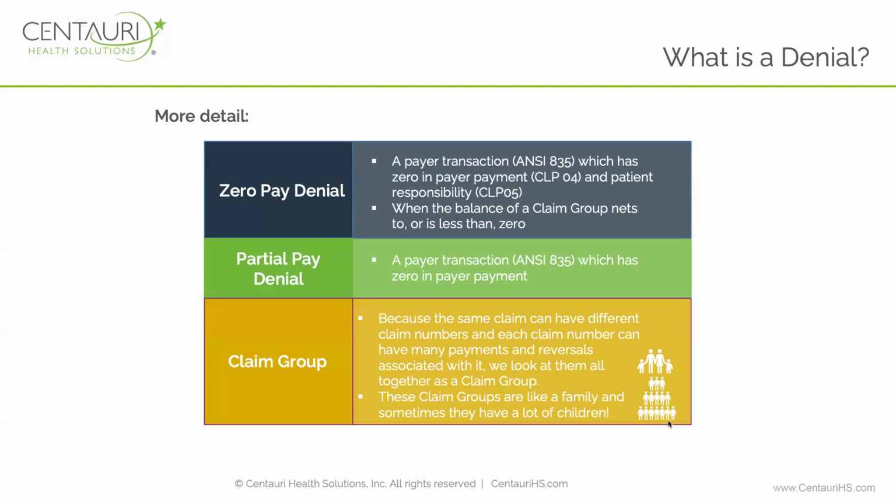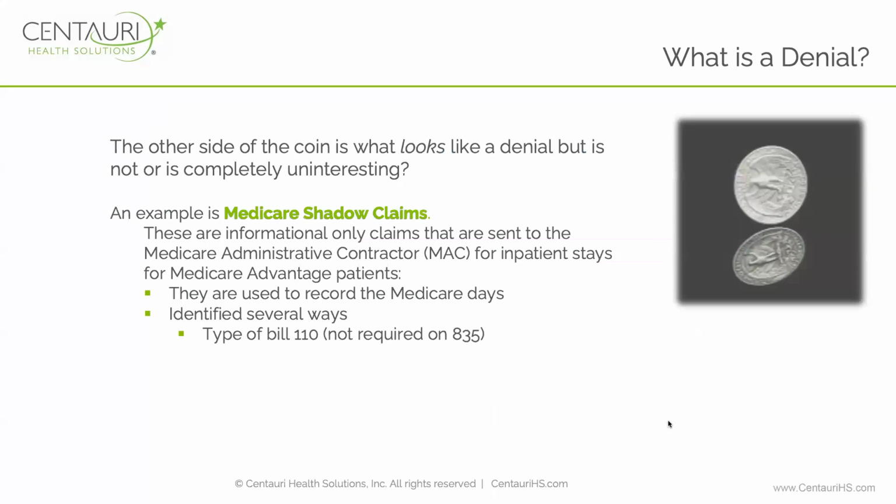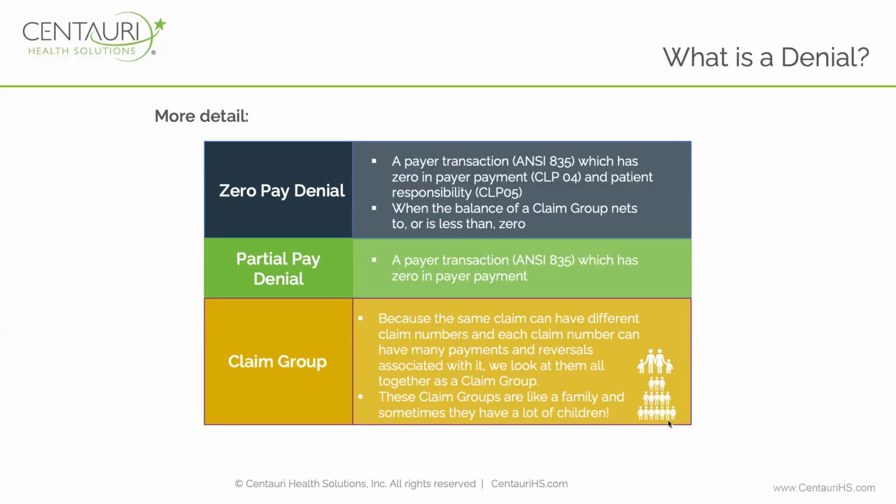What that means is, and you'll see this over and over again, I have seen where you have a remit that comes in with a value, and then either in the same batch or the batch the next week, it has a 22 with a negative number and brings it right back out. So what I call these claim groups is, if you go back to the original remit, let me see if I can explain this.